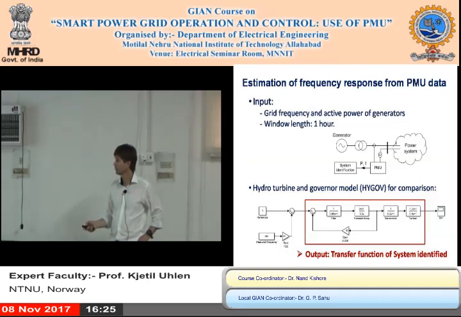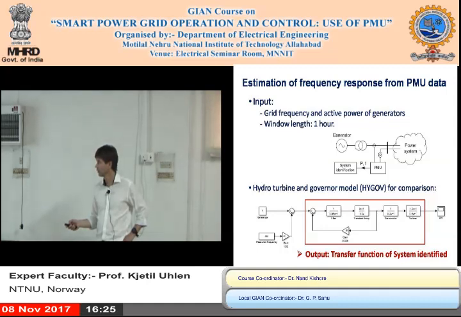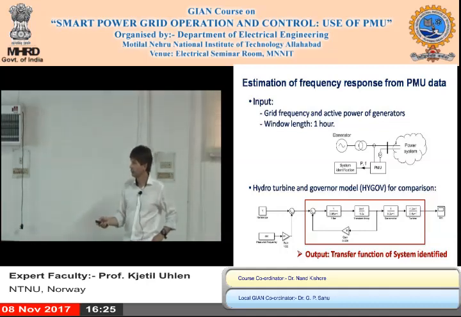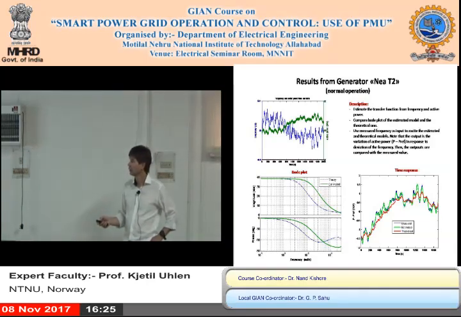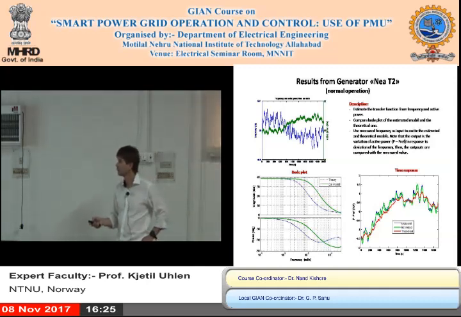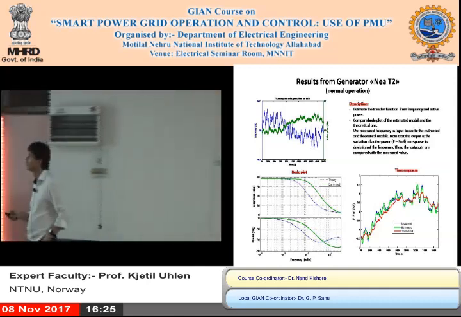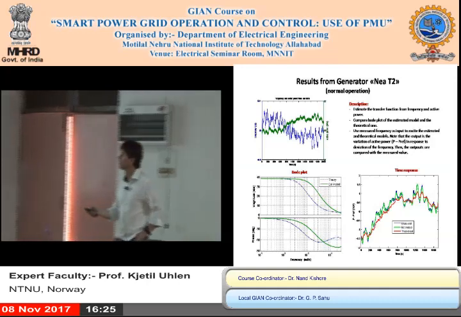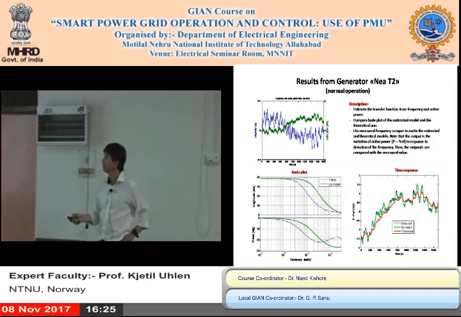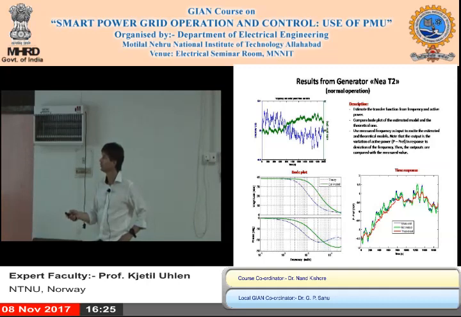So this is just an illustration where you consider the governor as being a hydro turbine and governor. That is the classical one that I showed yesterday. And then you have a window of measurements, in this case the frequency measurement in blue from 49.9 to 50.1 hertz.